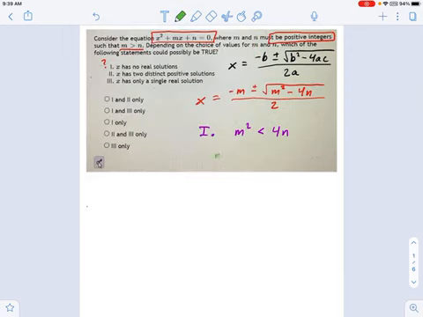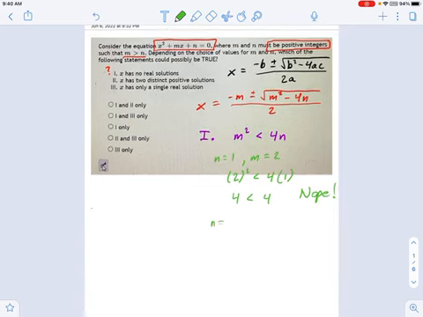Let's first start with n equals 1 and m equals something greater than 1, let's say 2. That's about as small as these things could possibly be, right? Well, let me be really clear, is m squared less than 4 times n? Simplify this. Do we get 4 less than 4? Nope, that's not true.